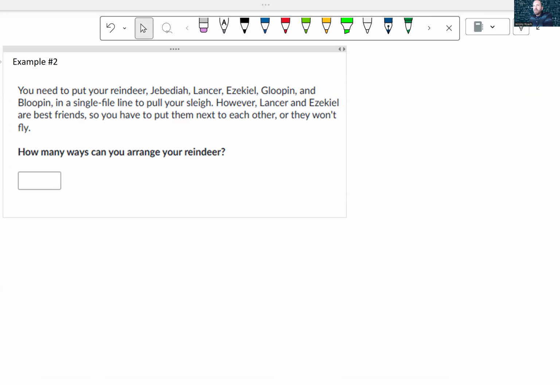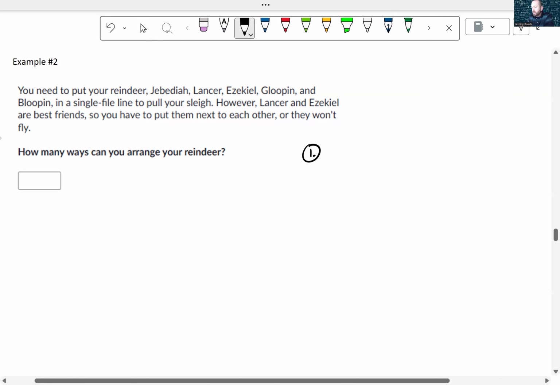All right. So this is almost like the fundamental counting principle by itself, except we're dealing with the Lancer and Ezekiel part where they have to be together. So the first thing we're going to do is arrange these.